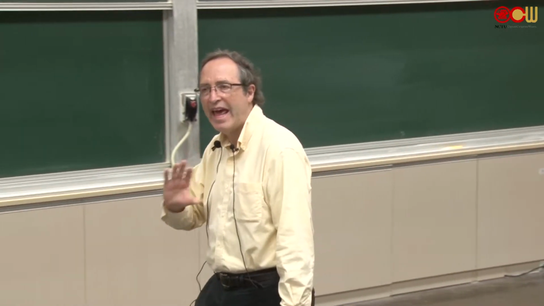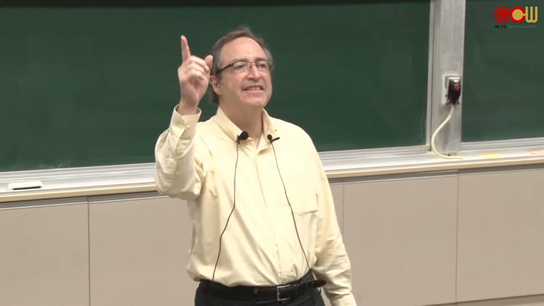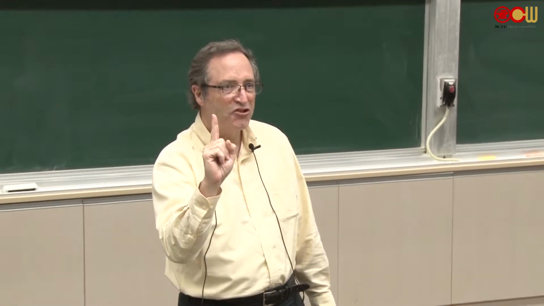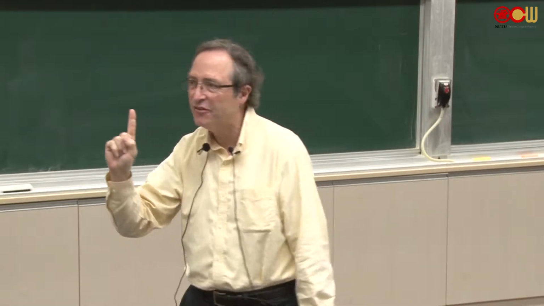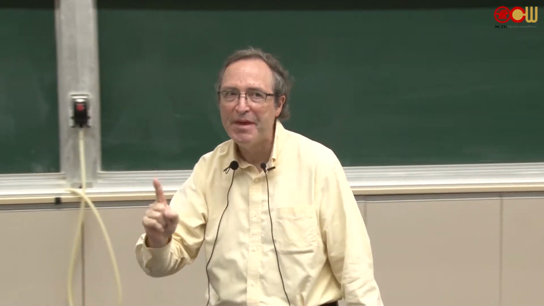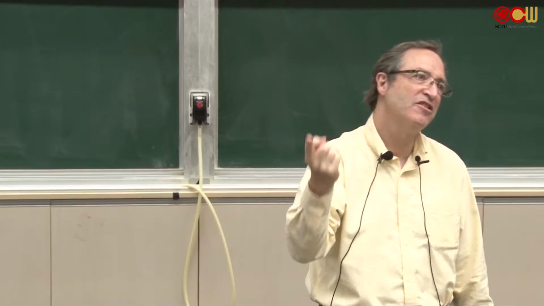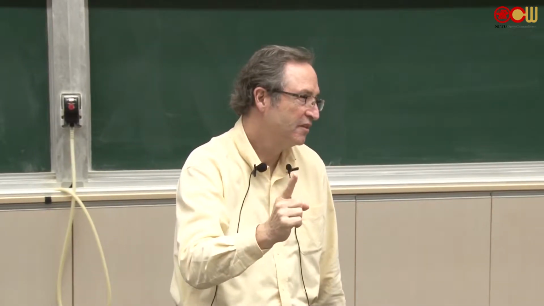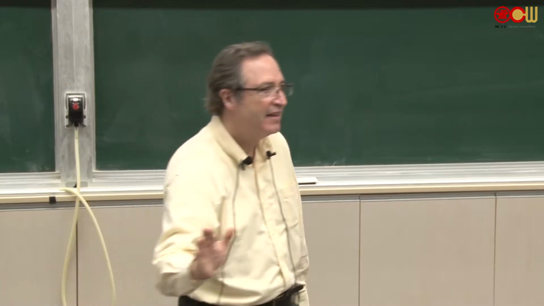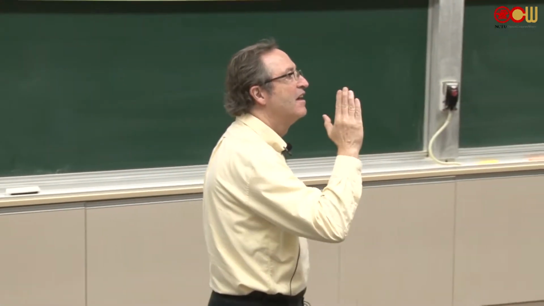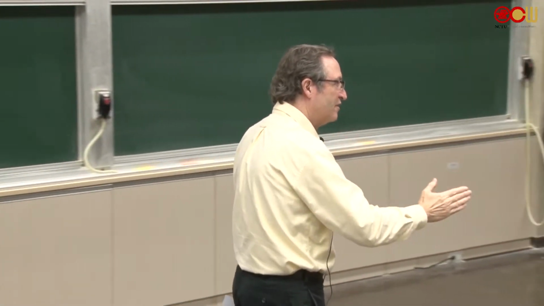Again, you could draw it any way you want, except there's one choice you cannot use, and that is that vector v1 cannot be in the same direction or opposite to the force. Any other direction is fine, but not along the force.